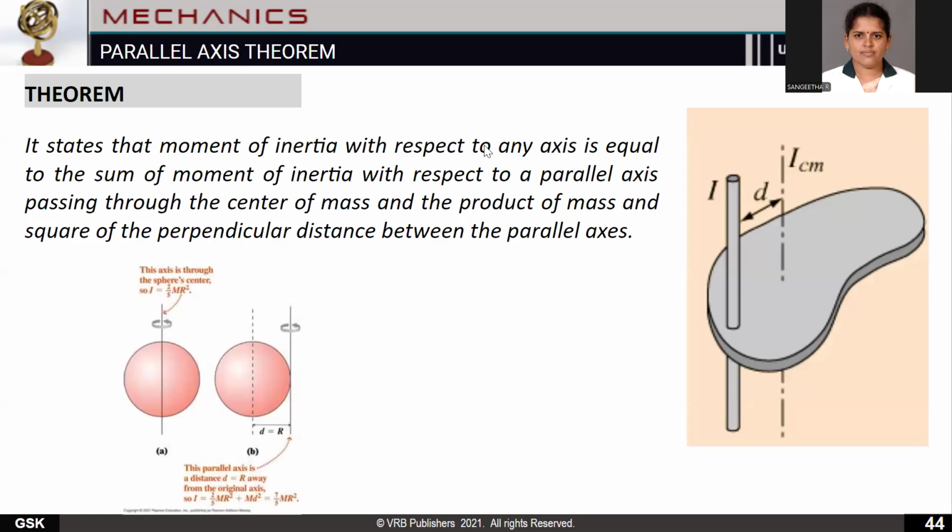First we will see what the parallel axis theorem is. The statement of this theorem: we have two axes here. One is with respect to x dash. Another is the axis which passes through the center of mass.